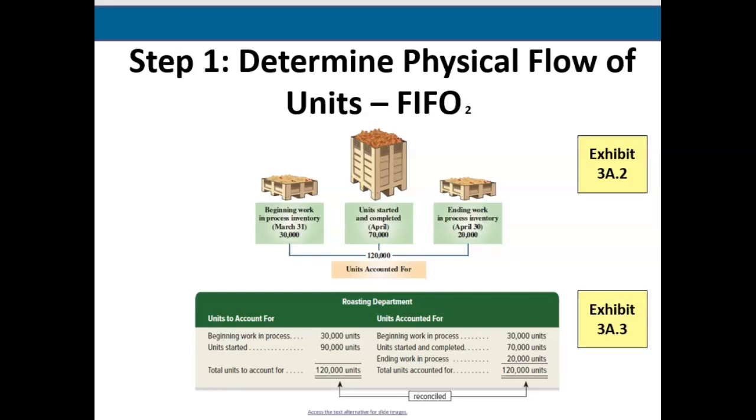A physical unit flow reconciliation proves that beginning units in process plus units started equals beginning units in process plus units started and completed plus units in ending work in process. A physical unit flow reconciliation for the roasting department for April is in this exhibit.